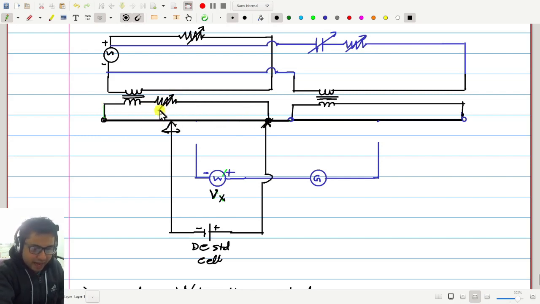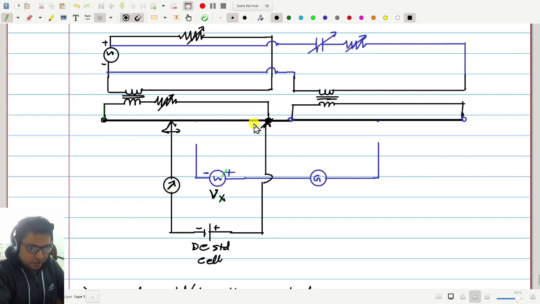And you adjust this supply so that at the chosen location you get null. For that I need the galvanometer. So you adjust the supply current and get the null. When you get the null, your left potentiometer is standardized.